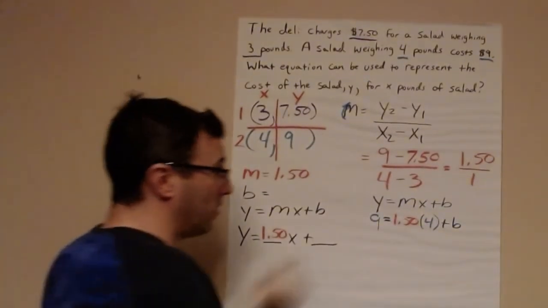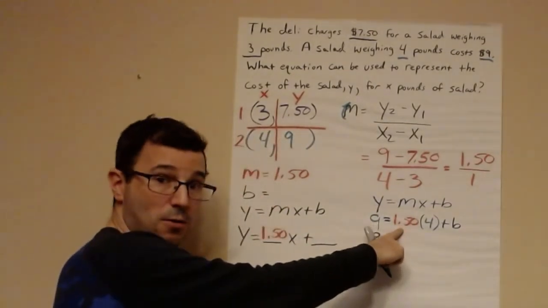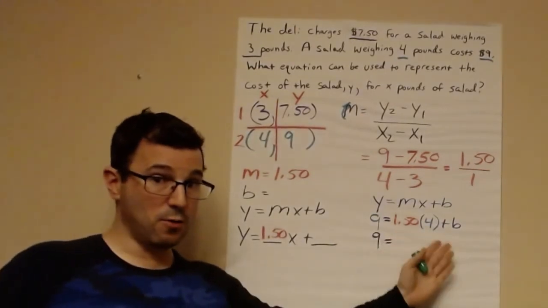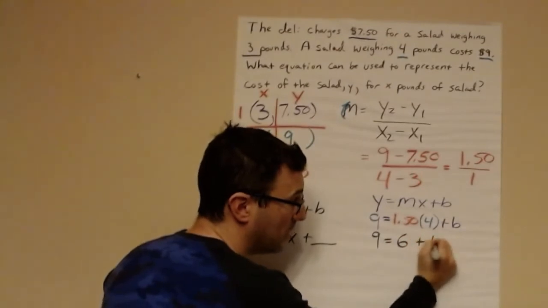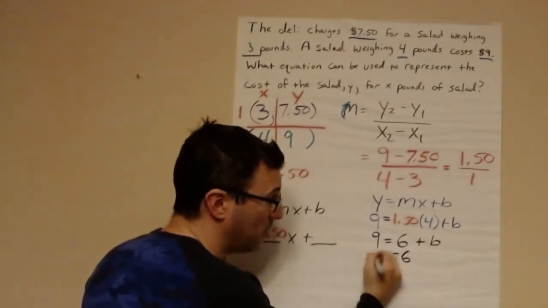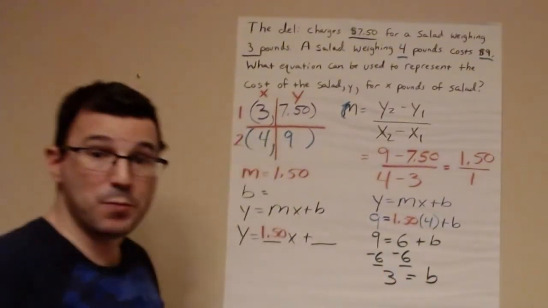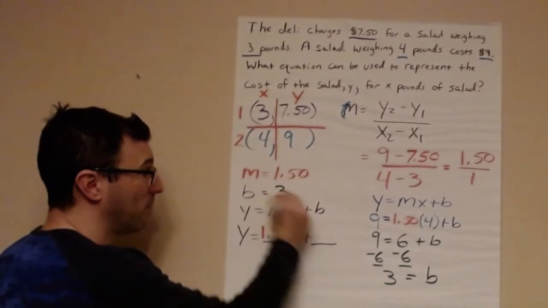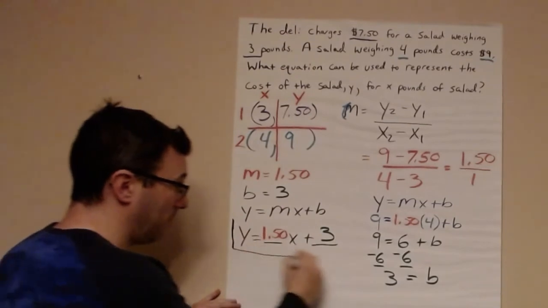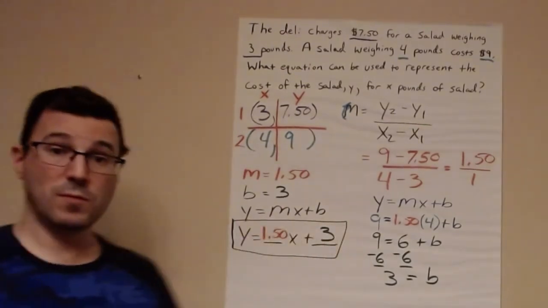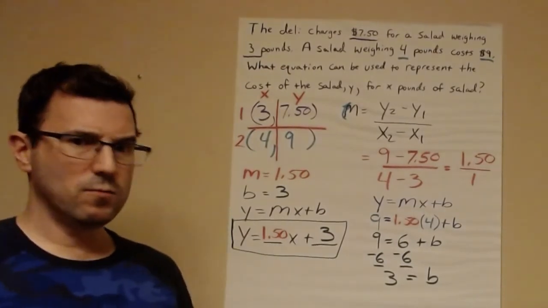When we do our work, 9 equals 1.50 times 4. 1.50 times 4 is 6. So we have 6 plus b. Subtract 6 from both sides. We get that b equals 3. So we plug that in, and that's it. There's our equation. Not too bad. Okay.